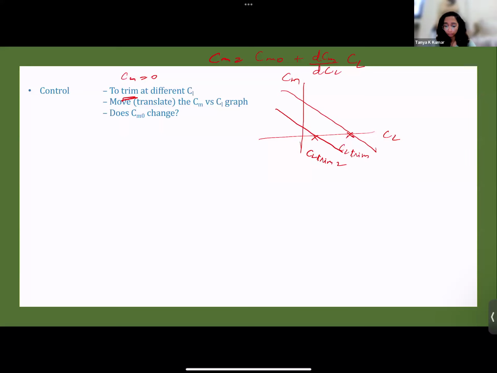Now, two questions here. Does Cm naught change? Does Cm alpha change? Upon deflecting the control surface, does this value of Cm naught change?